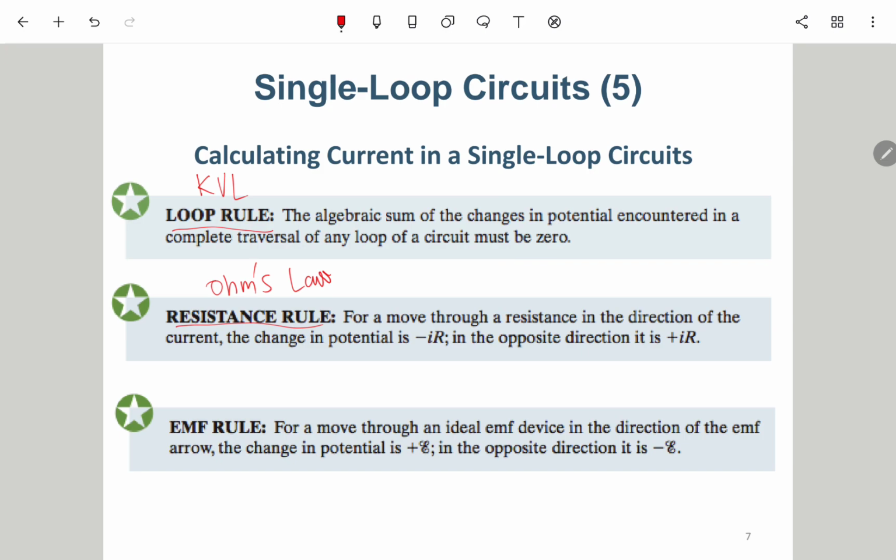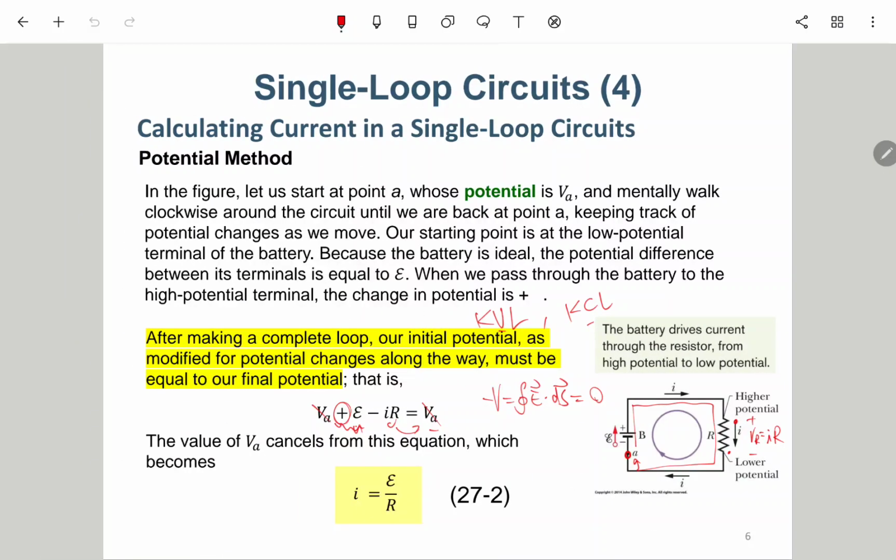So it just makes you feel more confused. So I just tell you, this loop rule is nothing but the KVL, Kirchhoff voltage law, and the resistance rule is nothing but Ohm's law, and the EMF rule is kind of similar, but it's just this EMF.